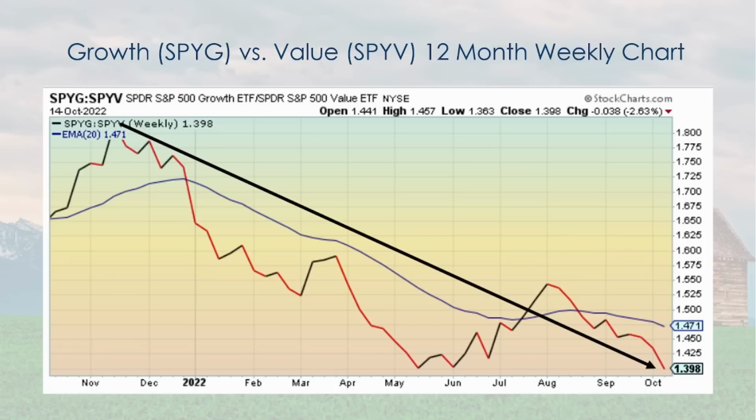This is a line that plots the ratio, growth meaning numerator, value meaning denominator. So if it goes up, it means that growth is in favor. If it goes down, it means value is in favor. So you can see that the focus is primarily on companies that are profitable, as opposed to companies focused mostly on sales.